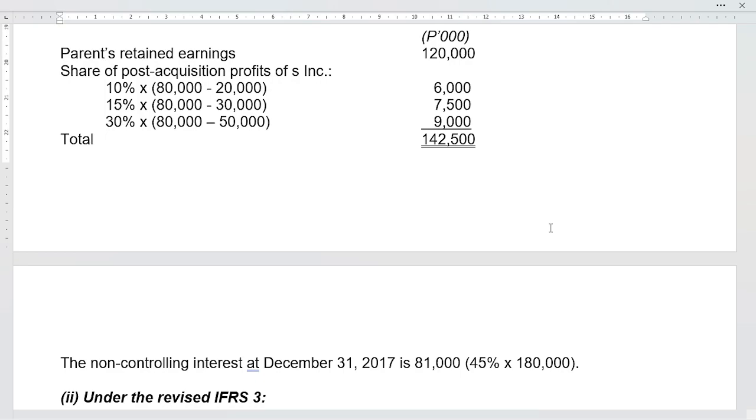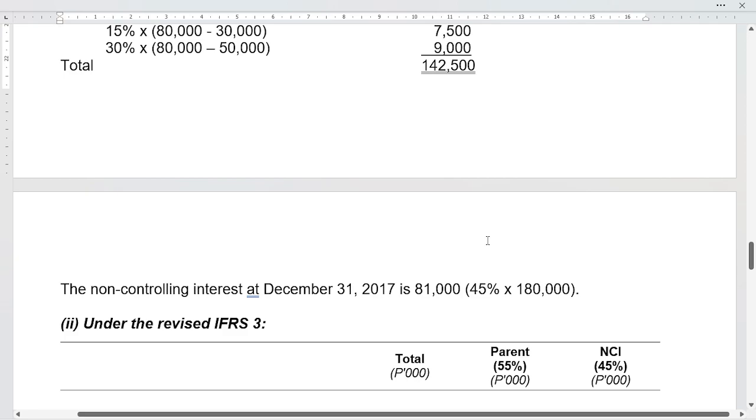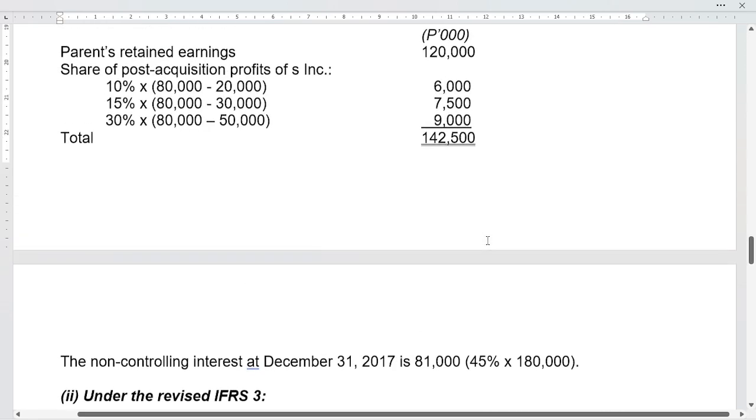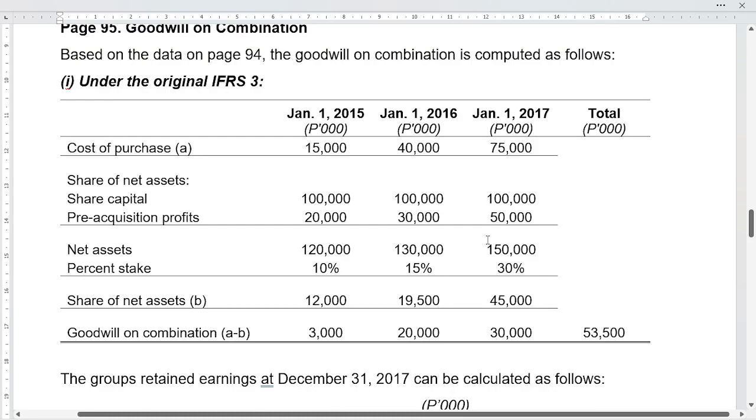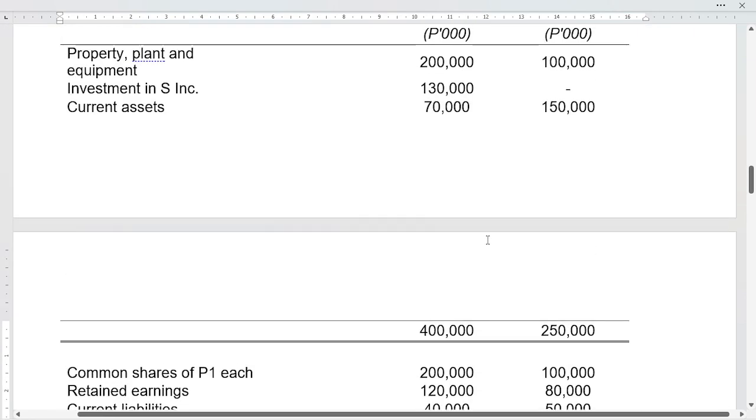Di ba meron ka dyan table na yung financial position ng P&S company? Ano ba natin kinukuha yung net assets? Pakita mo nga, sa taas yun.